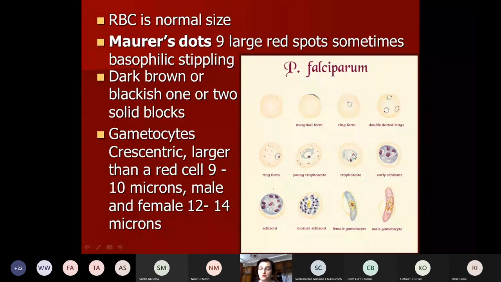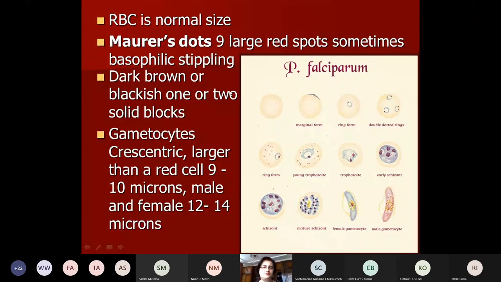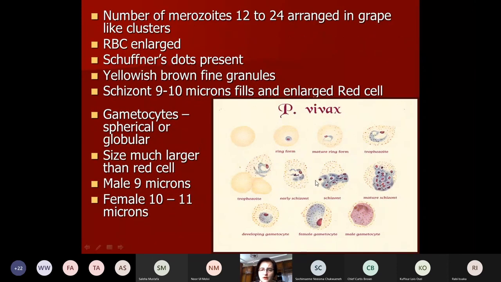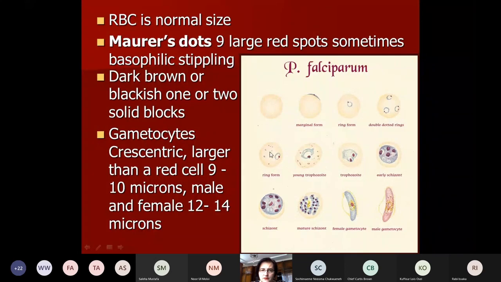Falciparum. The red blood cell is normal in size. You see that through all development of the schizont, the red blood cell will be normal size. Maurer's dots, larger red spots, sometimes basophilic stippling. What you can see here is not Schüffner's dots like here, but a little different, like basophilic stippling.